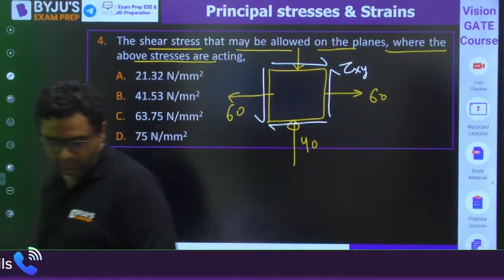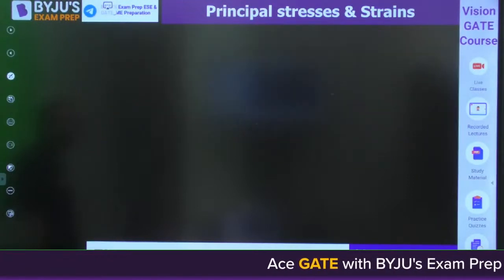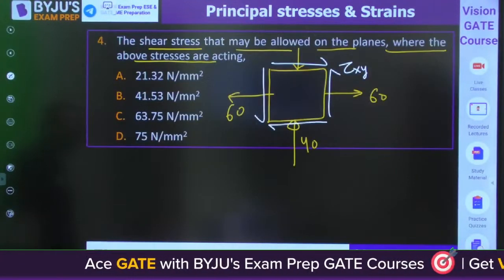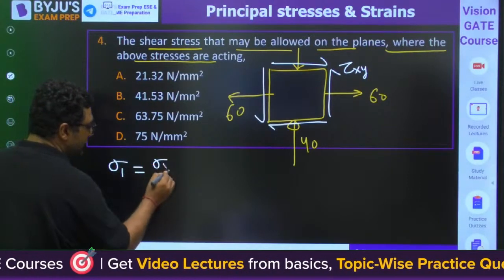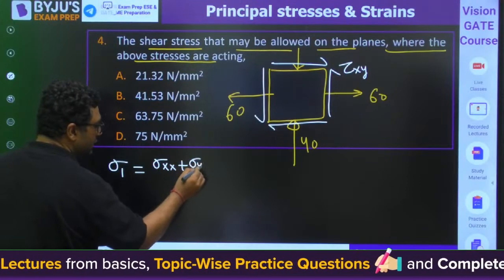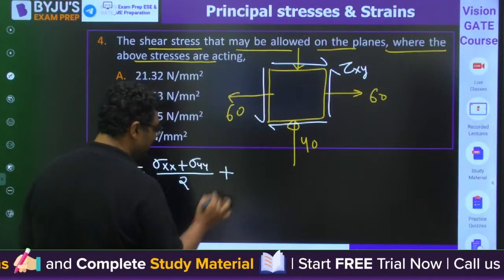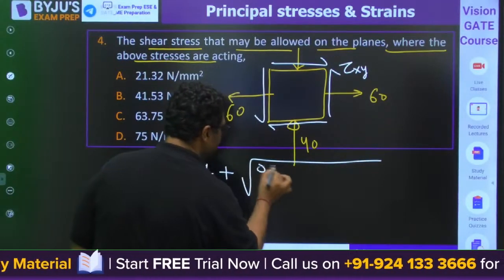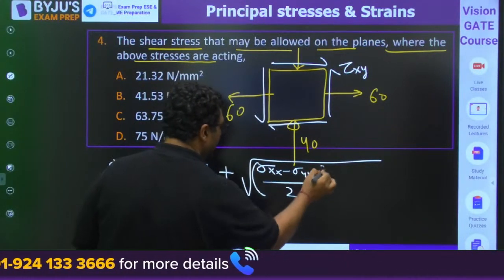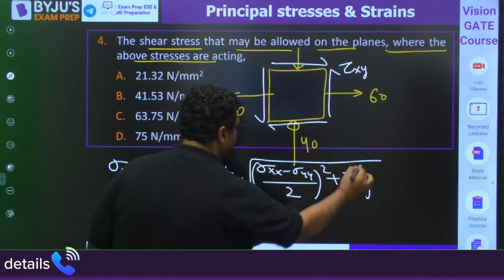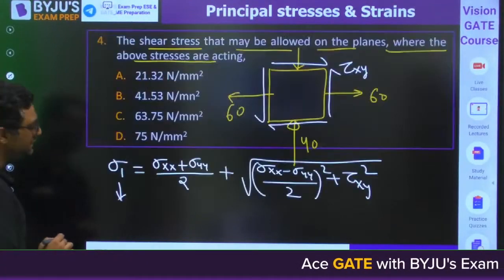Can you tell me what will be the answer for this? We already have seen one principal stress is 75. So sigma 1 is sigma xx plus sigma yy by 2 plus square root of sigma xx minus sigma yy by 2 squared plus tau xy squared. You know sigma 1 is limited to 75.